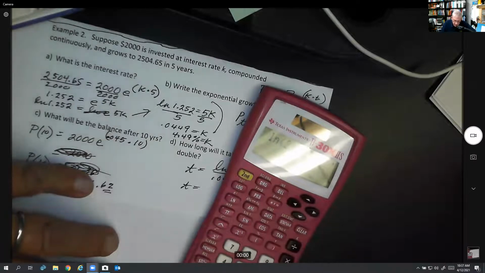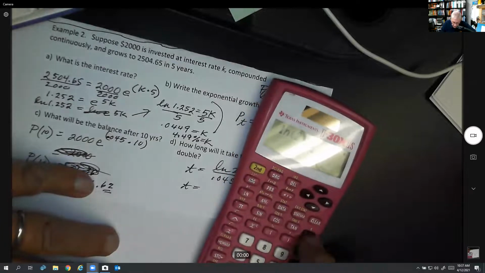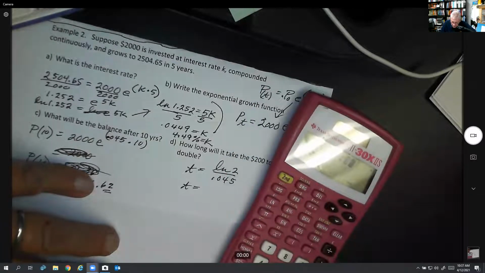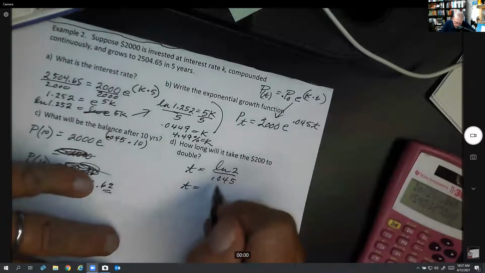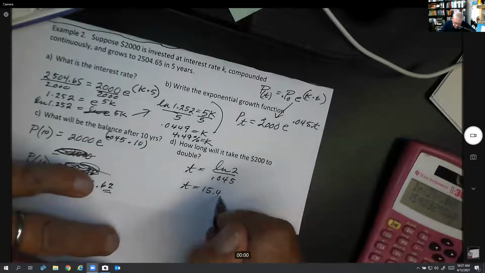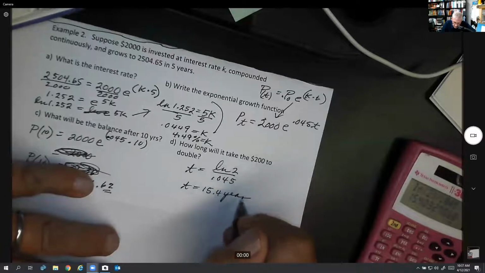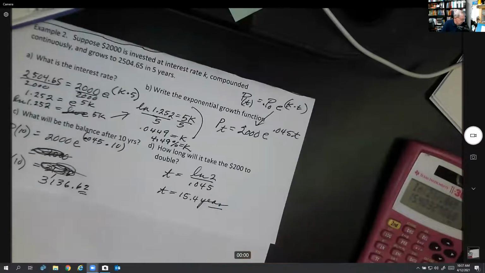Always close the parentheses. Divide by 0.045. Takes about 15.4 years to double. See if that's what they came up with. 15.4 years.